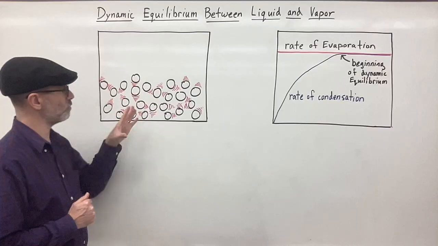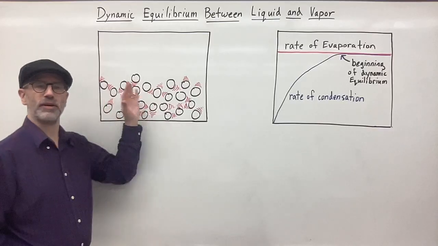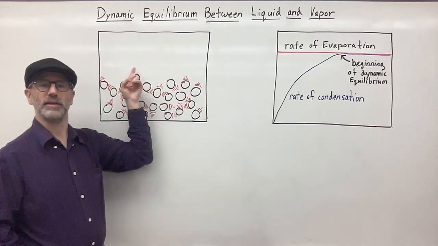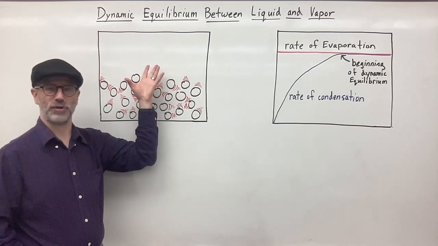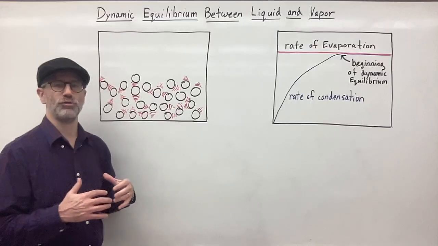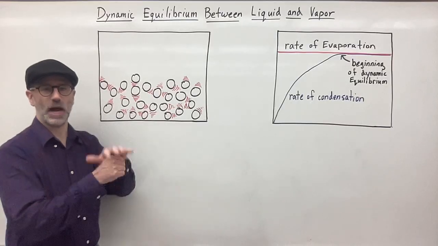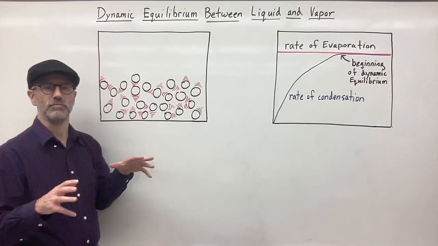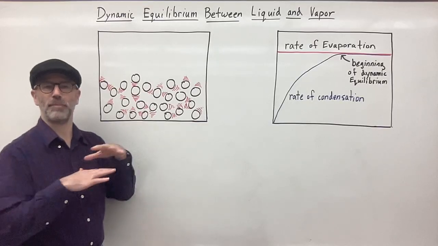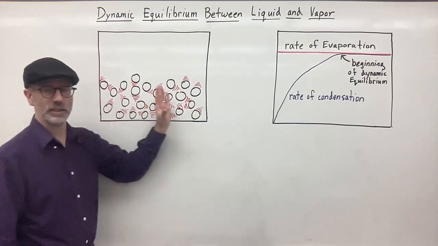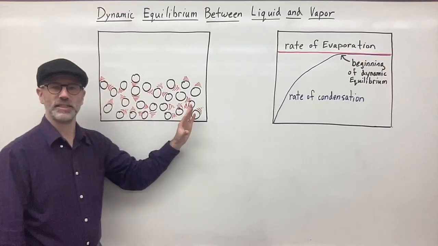The particles are moving around, and we don't have any particles in the vapor phase right now. This is right when you poured water into the Erlenmeyer flask and stoppered it up, before any evaporation occurs. So everything is in the liquid phase here.